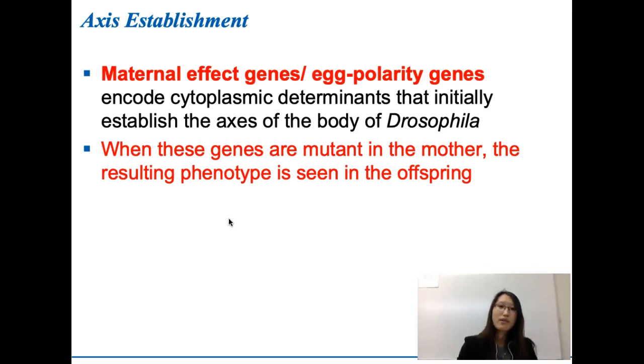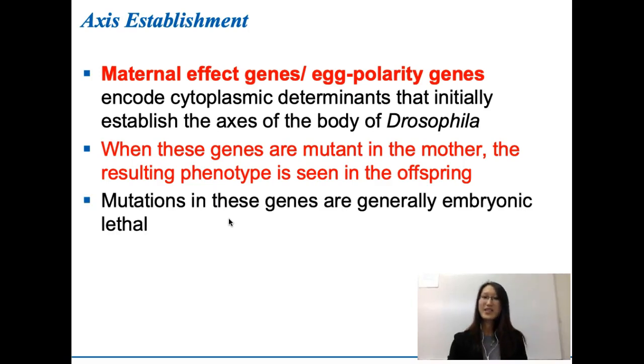And most of the time these mutations are lethal, because if you mess up the axis of the body, who knows where grows what, and it's not going to work. It's like if you were to take Play-Doh and you're trying to make whatever it is that you're trying to make, but you put the head at the wrong place, and you get two heads. That's creative, but in real life it doesn't work so well. So as I said, embryonic lethal.